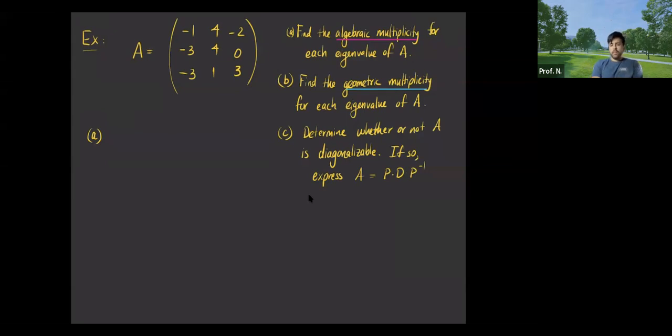Anybody out there? Find the eigenvalues. Yes. So I need to find the eigenvalues to even speak about algebraic multiplicity. So how do you find an eigenvalue? How do you find the eigenvalues of a given matrix?